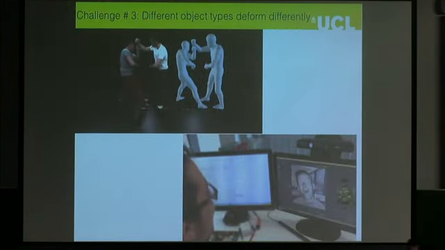The third challenge is something that I'm particularly interested in, which is that different objects will deform in different ways. So to have models that explain deformations that are useful across different object categories is a very hard thing to obtain. And typically what most people have done is to specialize this into different categories of objects.